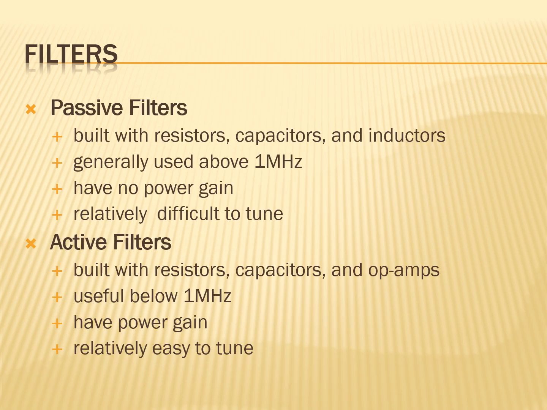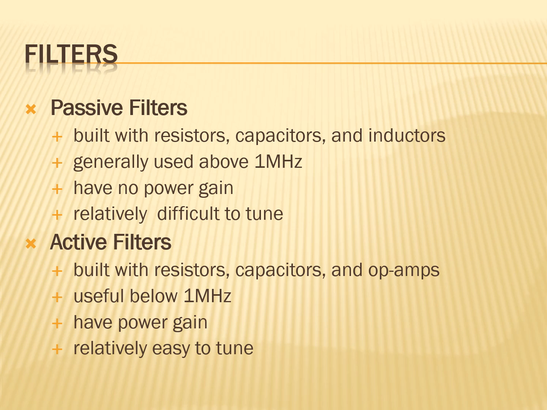There are basically two types of filters. We have passive filters and we have active filters. Passive filters are built with passive components, namely capacitors, inductors, and of course resistors.